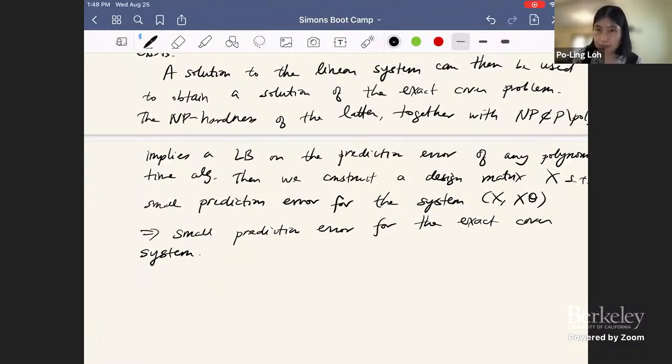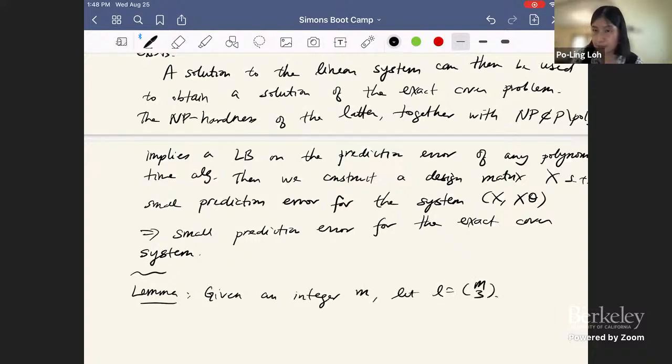So just a couple more details. Here's some more details. There's this first lemma, and the lemma says, given an integer m, let L be equal to m choose 3.